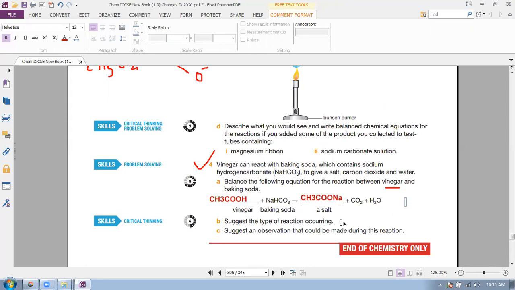What kind of reaction is this? It's a neutralization reaction, definitely. So just an observation, as carbon dioxide gas is produced, bubbles of gas are seen, we can write.